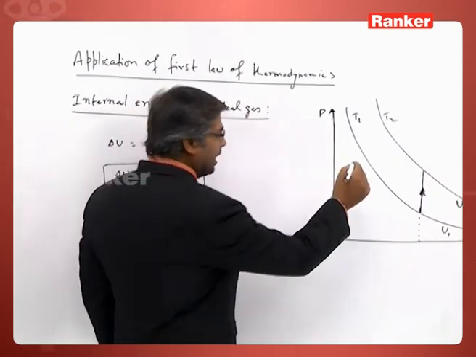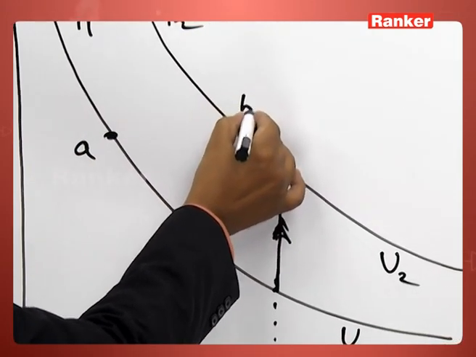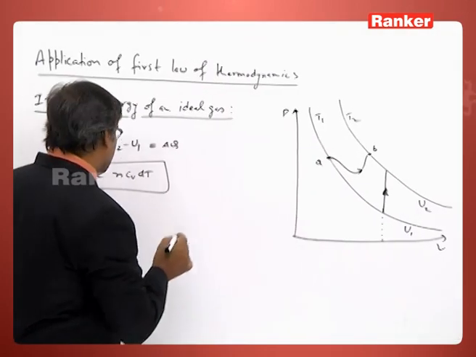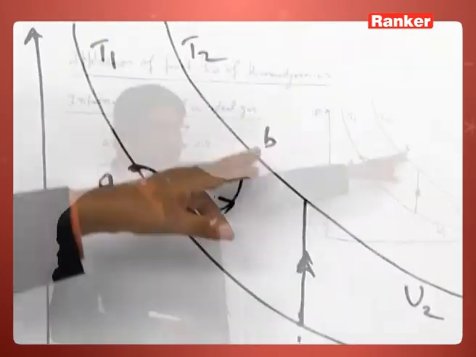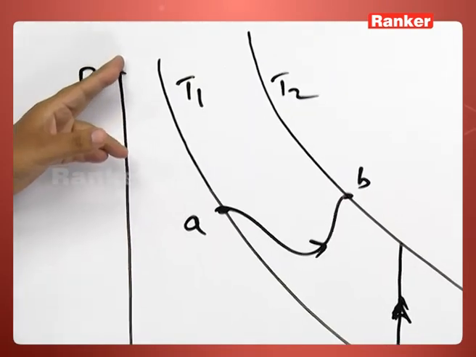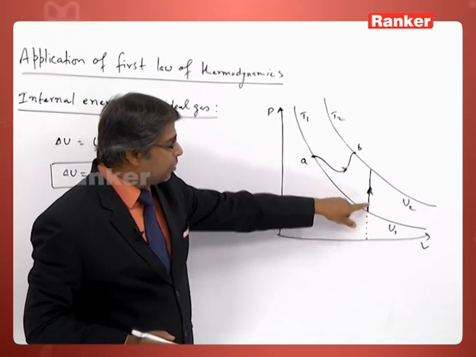Now take a general point A and a general point B. If I move from here to here, I will get the same change in internal energy, because all the points here have the same U1 and all the points there have the same U2, and from the isochoric process I know the difference.